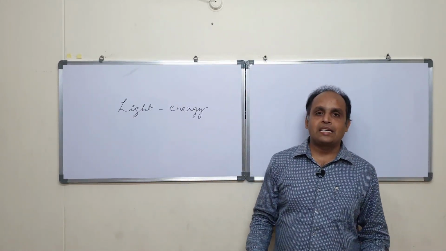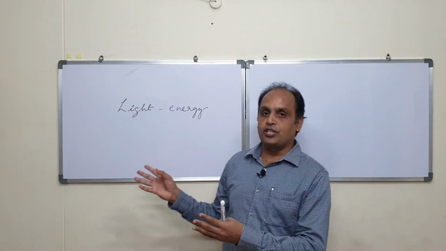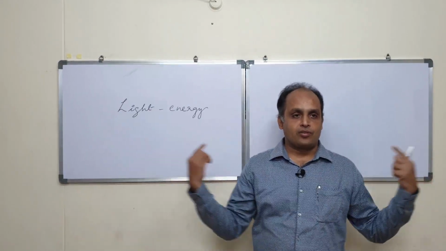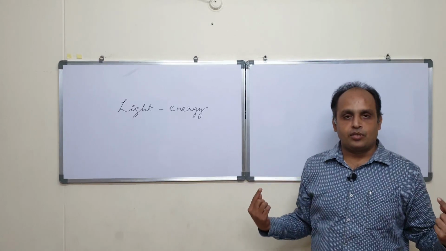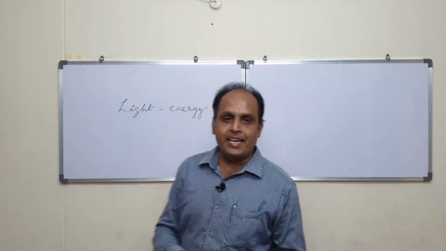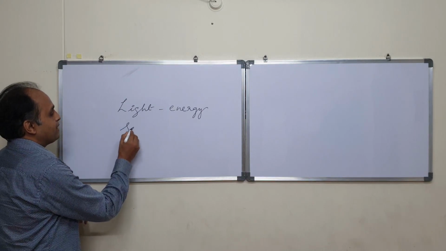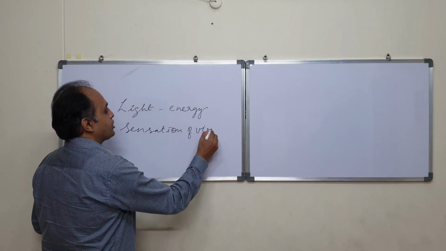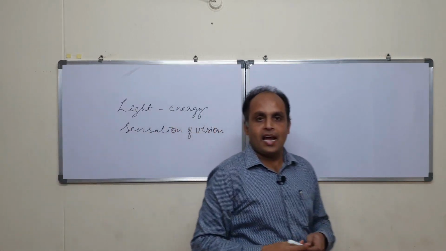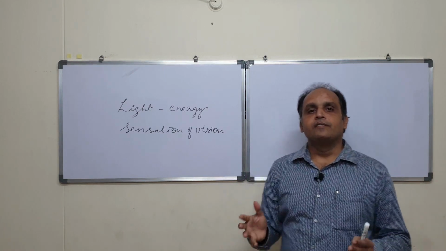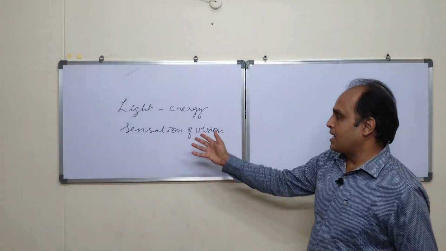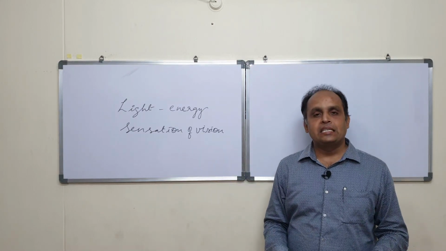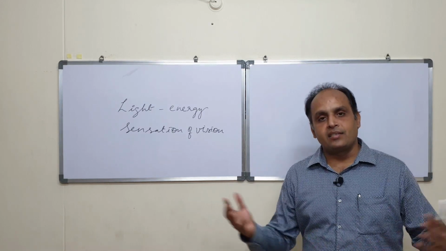We all know that light is a form of energy which enables us to see the things around us. Or we can say that light gives us the sensation of vision. In simple terms, light enables us to see the things around us.